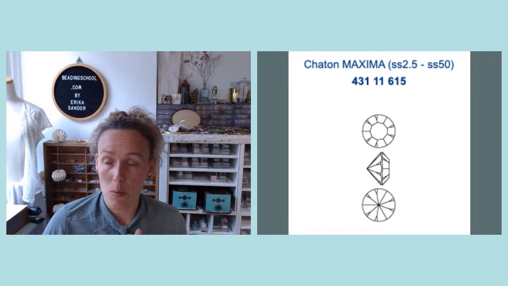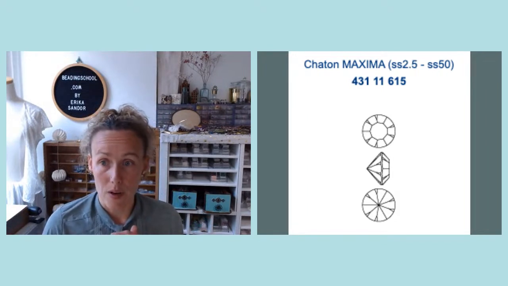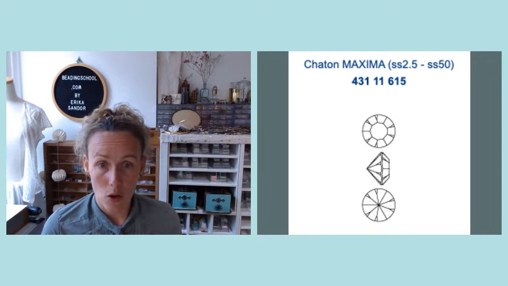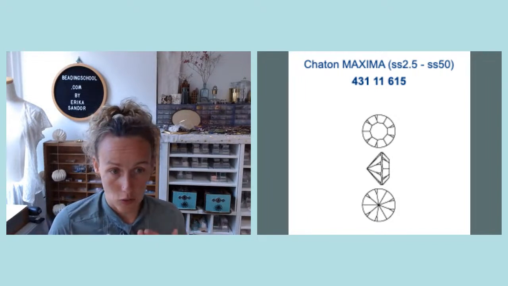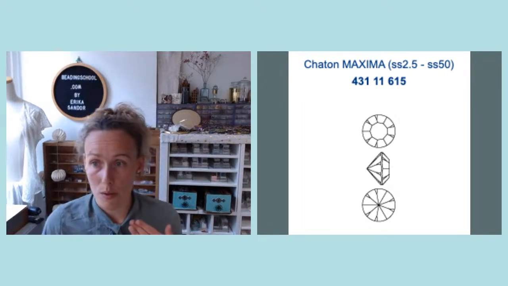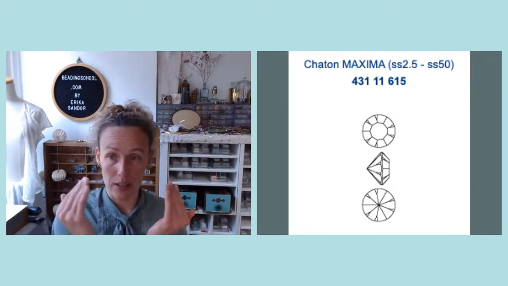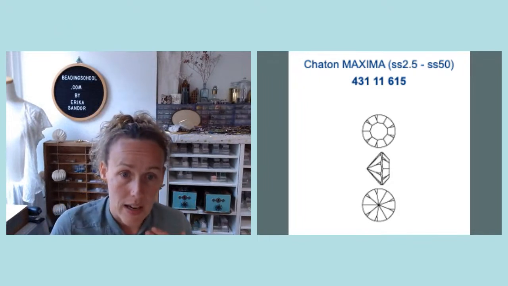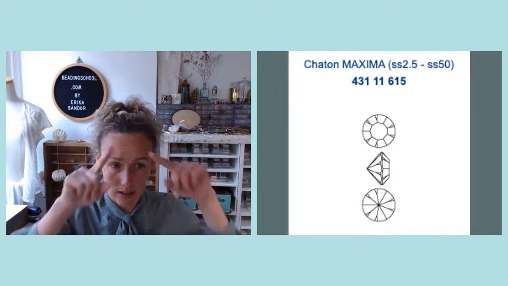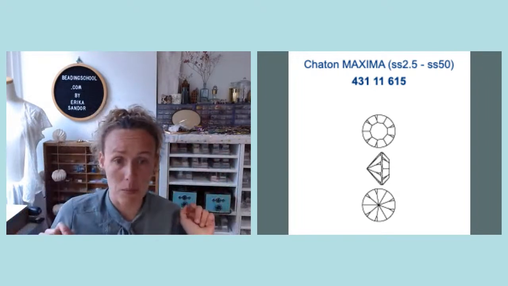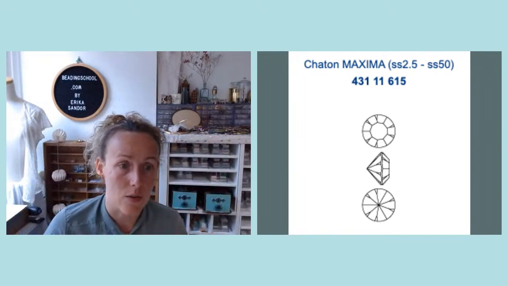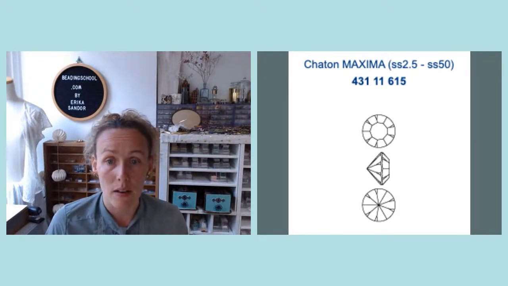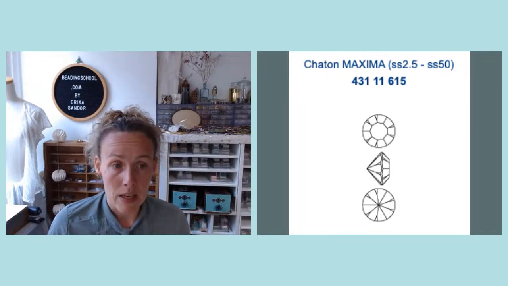The bottom is more pointy than that of a rivoli, and when talking about the top, then the top has a smooth surface surrounded with facets of different shapes, actually trapeze-shaped facets and triangular facets in the case of a Preciosa chaton.